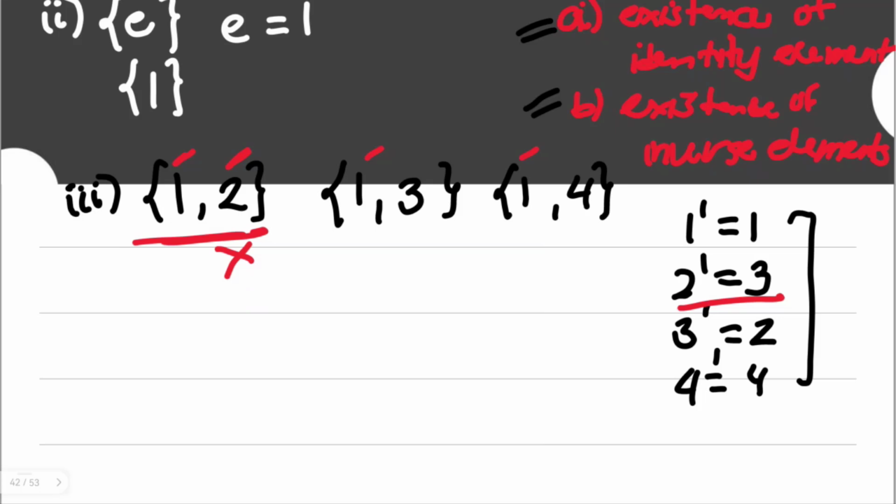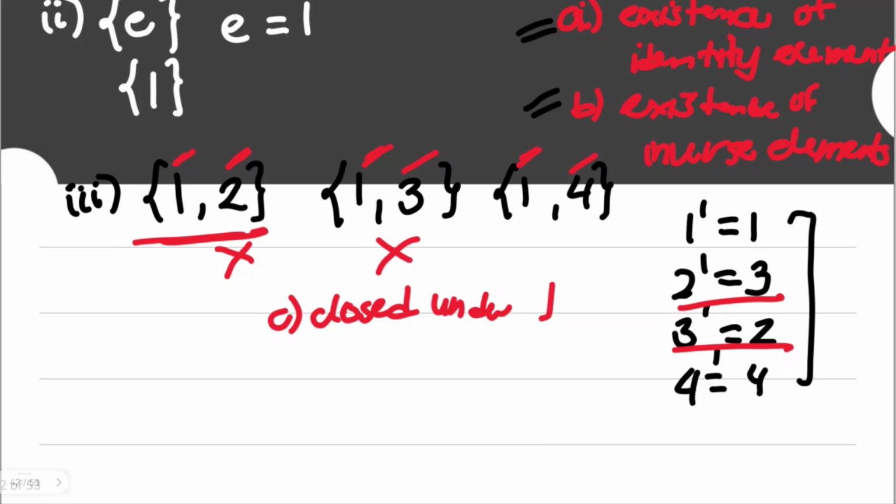Similarly, for our second pair, the inverse of 1 is 1, but the inverse of 3 is 2, so drop that as well. Now, for the third pair, the inverse of 1 is 1, and the inverse of 4 is 4, so this is already okay. I'm not saying it's already a subgroup, but this satisfies the first two considerations, the existence of identity and inverse elements, because we still need to check whether it's closed under star.